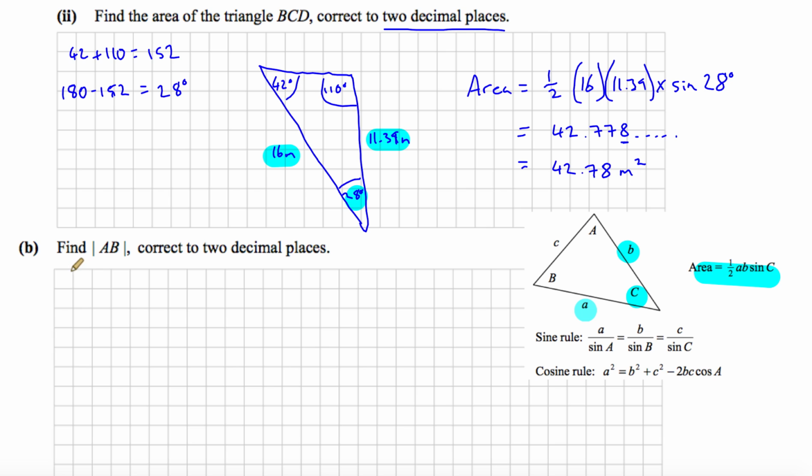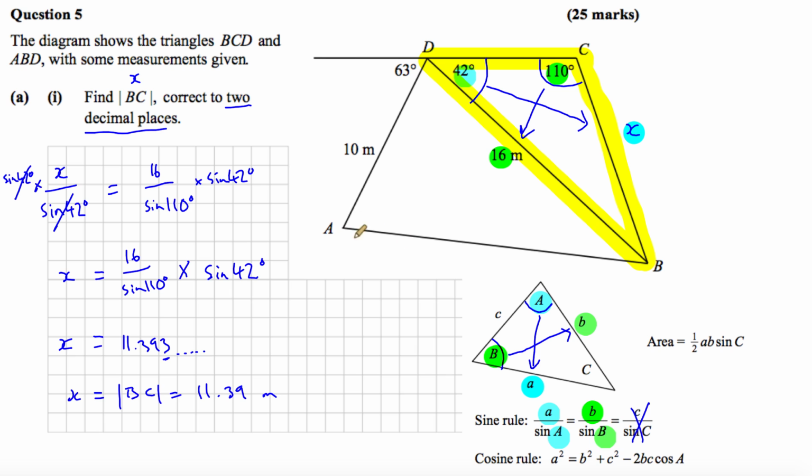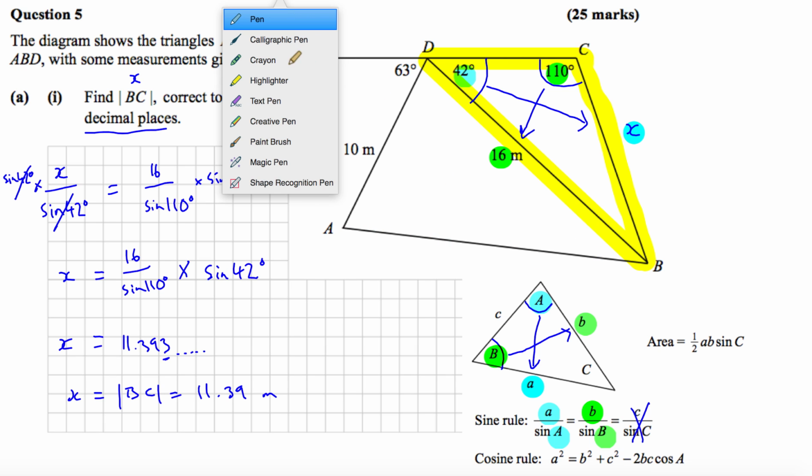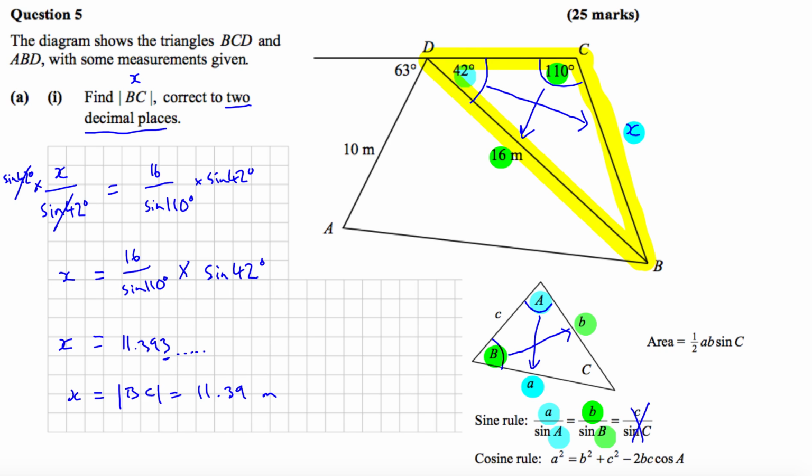Okay, so part B says find the length of the side AB, correct to two decimal places. So we want the length of the side AB. So if we go back up here, we can see that AB is part of the triangle ABD.